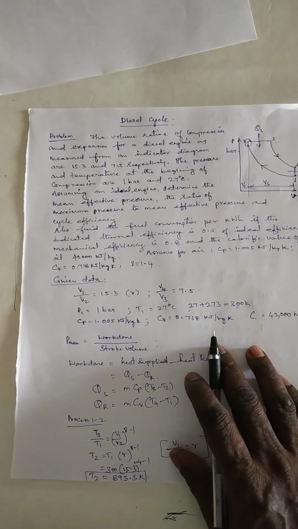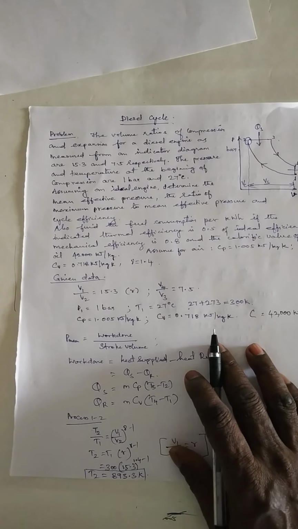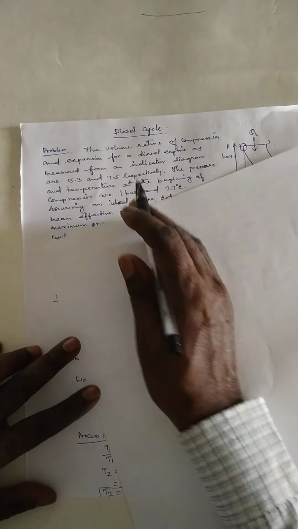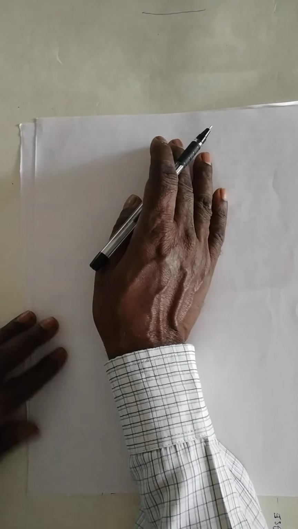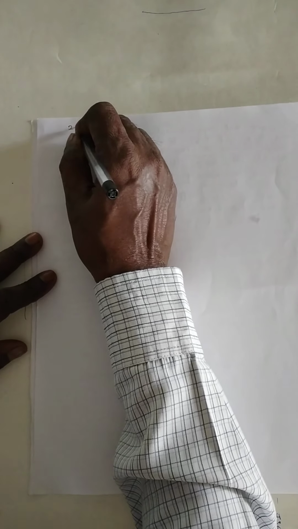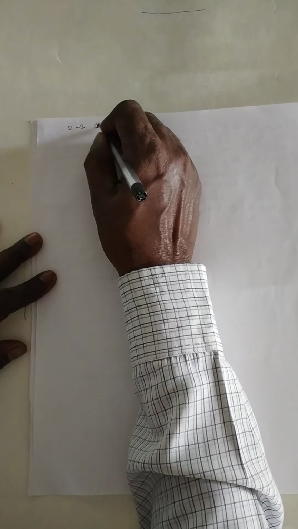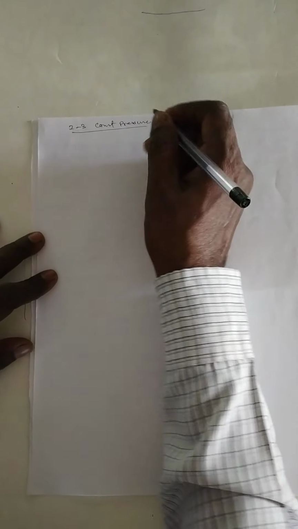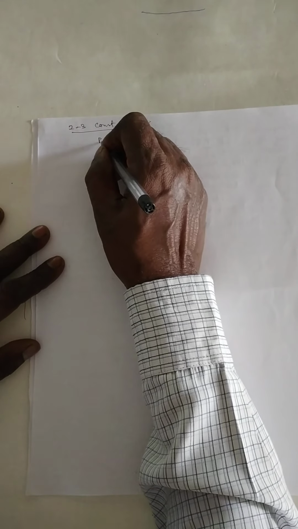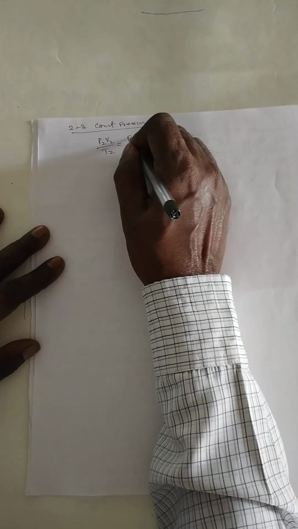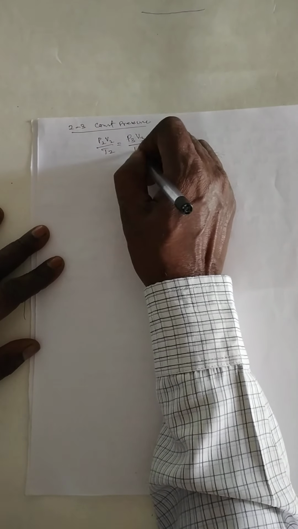Now we will calculate the process 2 to 3. 2 to 3 is a constant pressure process, that is P2 V2 by T2 is equal to P3 V3 divided by T3.